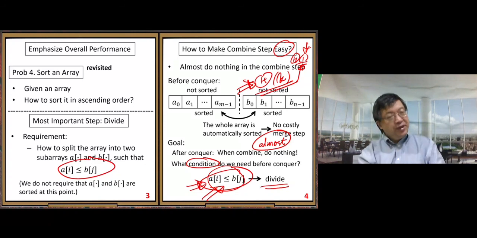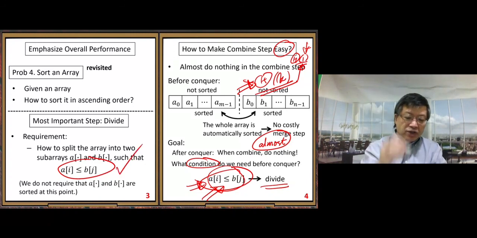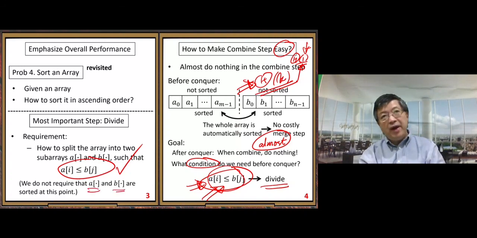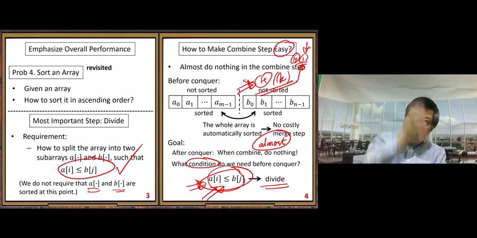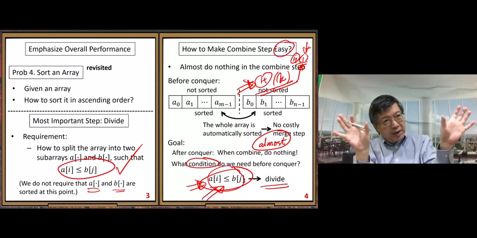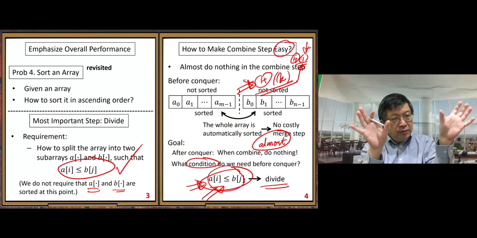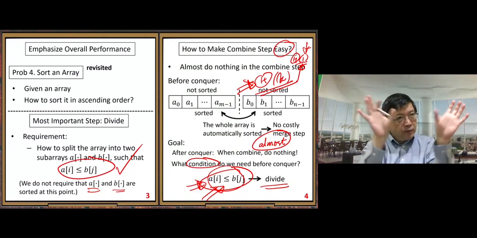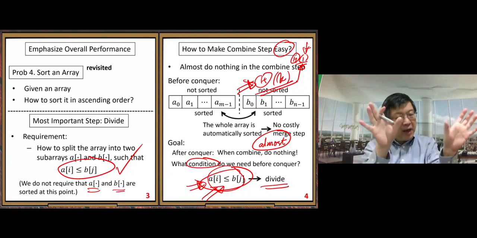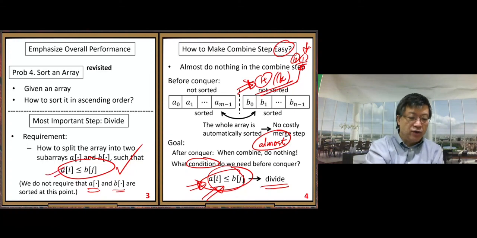One thing you need to know: even after we get this condition, we do not require A array sorted or B array sorted. We just want to separate two subarrays, such that the values in each subarray, when we look at them together, satisfy this critical condition.